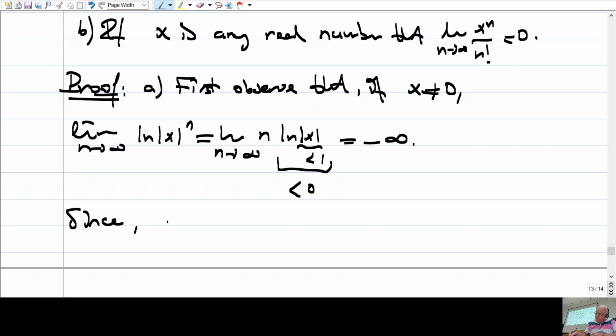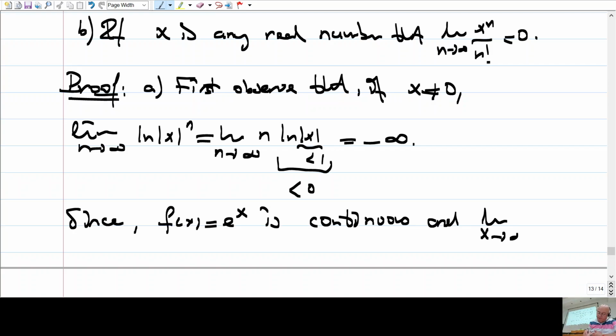Since f of x, which is e to the power x, is continuous, and the limit as x goes to minus infinity of e to the power x is 0, right?